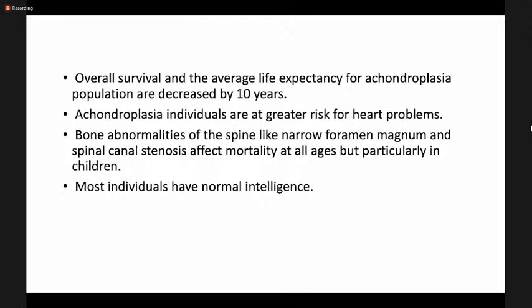These patients are usually at risk of heart conditions, and the bone abnormalities of the spine, like narrow foramen magnum and spinal canal stenosis, affect mortality at all ages, but particularly in children. Normal intelligence.